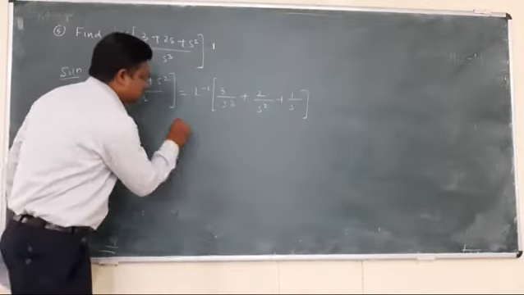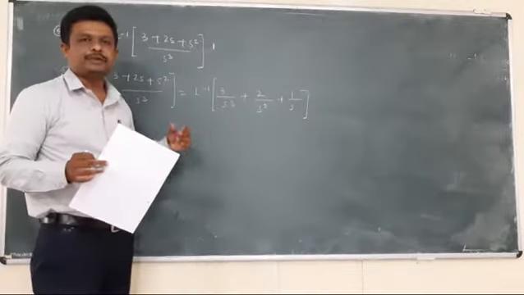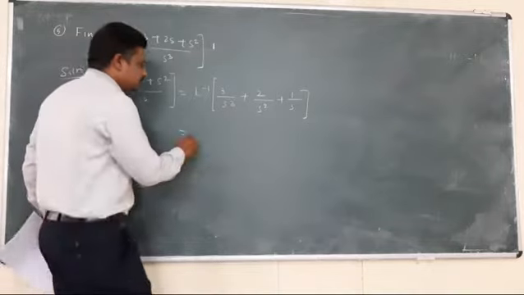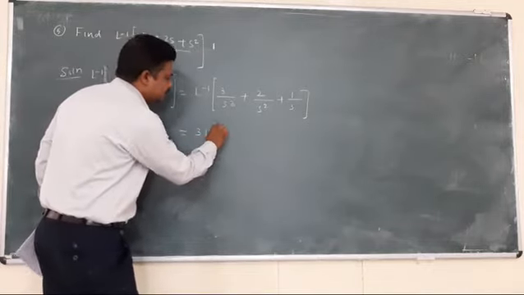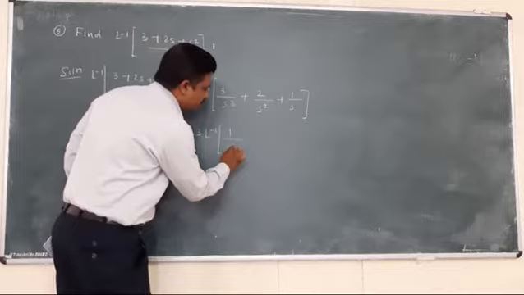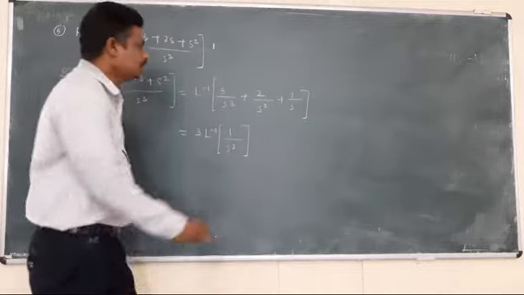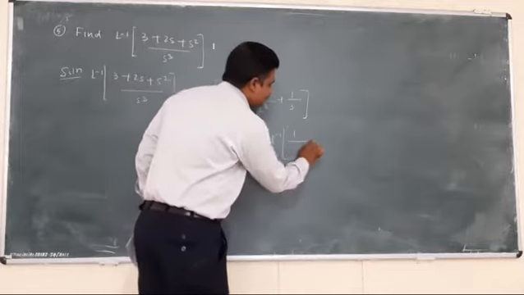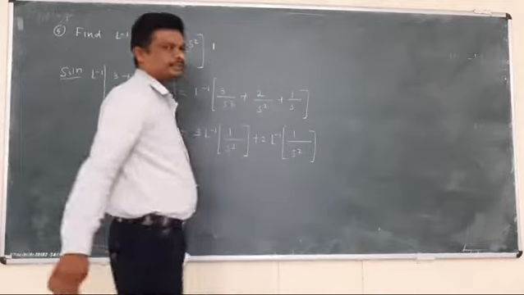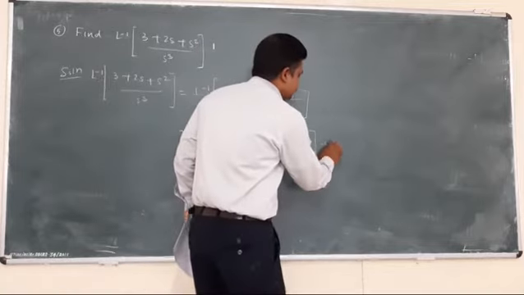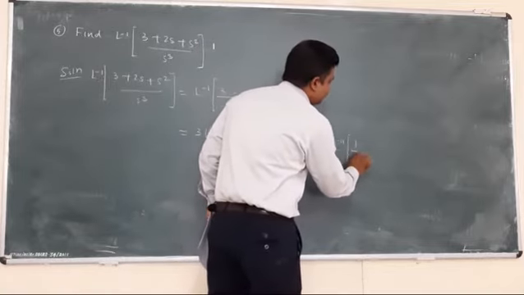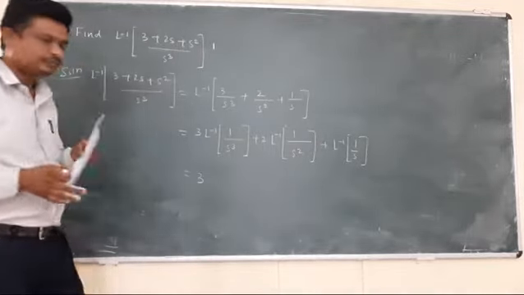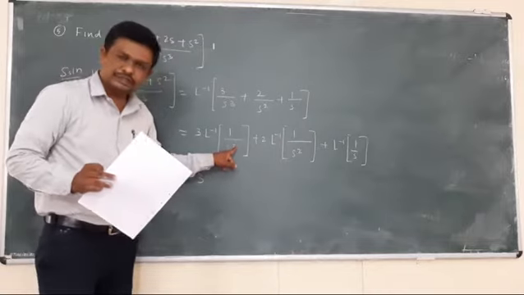So this implies, here I will apply the linear property and I will apply inverse Laplace to each term separately. Here 3 is a constant, remaining is L inverse of 1 upon S cube, plus here 2 is a constant, remaining is L inverse of 1 upon S square plus L inverse of 1 upon S. So this implies 3 into, it is in the form of 1 upon S raised to n.